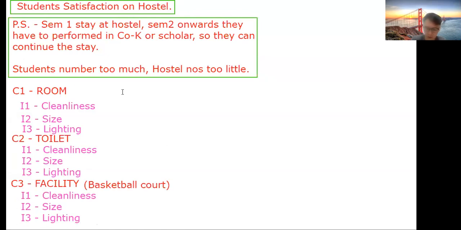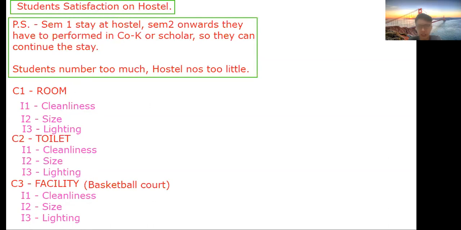I want you to write in your notes. For those who are on your bed, take out a piece of paper also. These are all factors. The pink ones are all factors that affect your satisfaction.